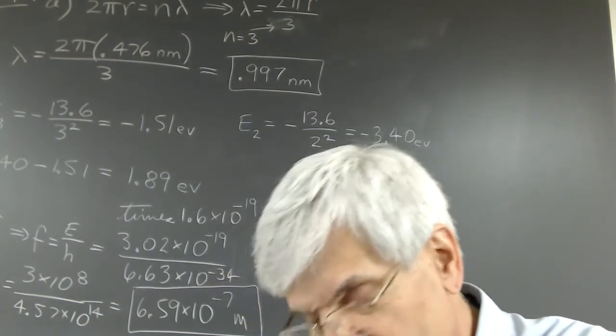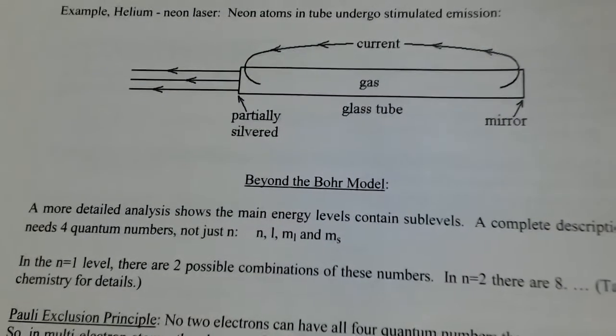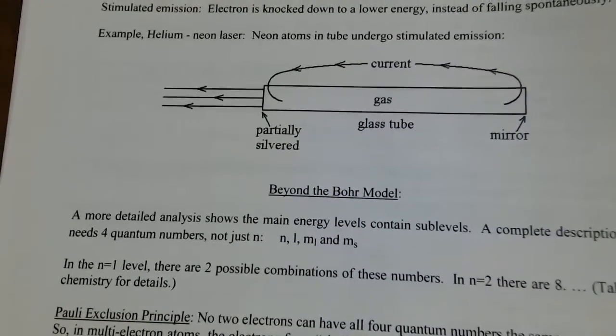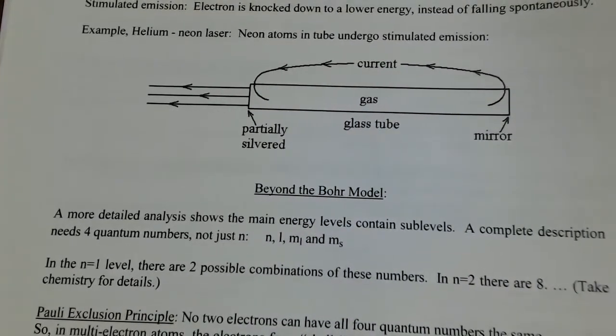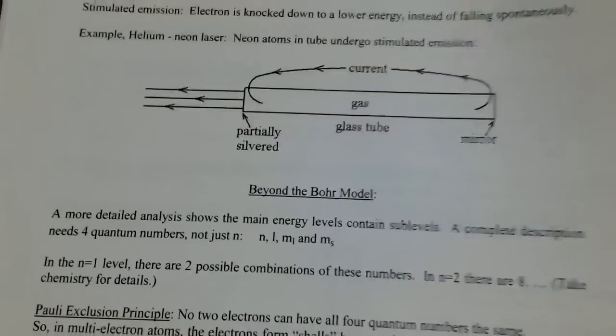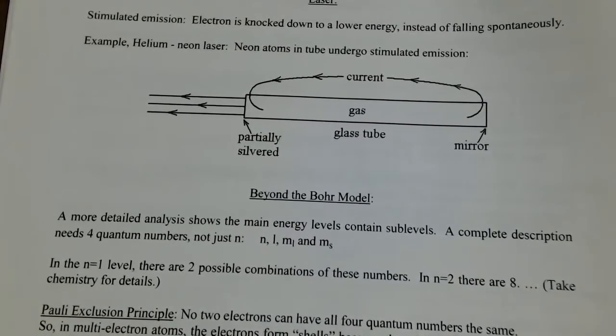To stimulate emission, both photons have to be the same. And then the two photons, the incident photon and the one the atom emitted, move away from that atom in phase with each other. That's one of the characteristics of stimulated emission: it gives off coherent radiation. The photons are lined up with each other, crest to crest and trough to trough.